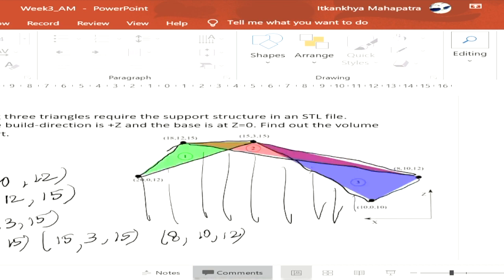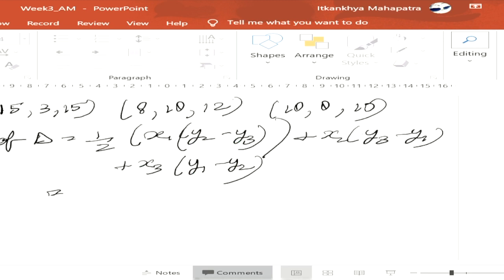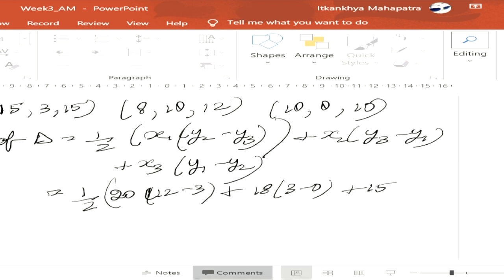Now triangle 1: 20, 0, 12, 18, 12, 15, 15, 3, 15. So that will be half into 20 (12 minus 3) plus 18 (3 minus 0) plus 15 (0 minus 12). Now by calculating it, this will be 27.